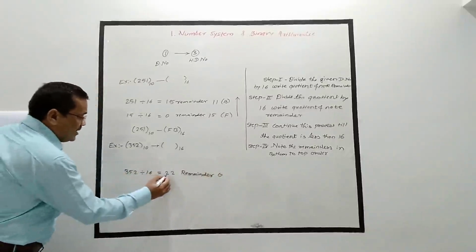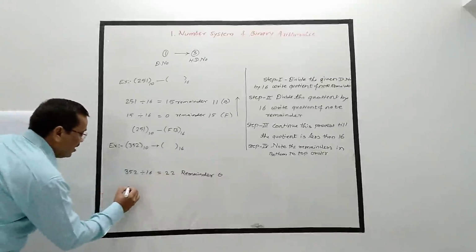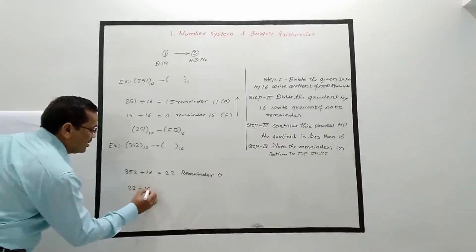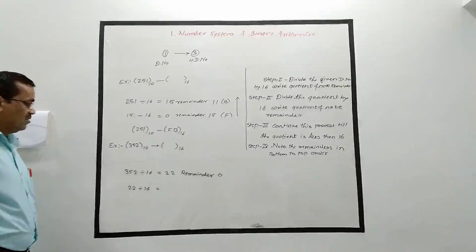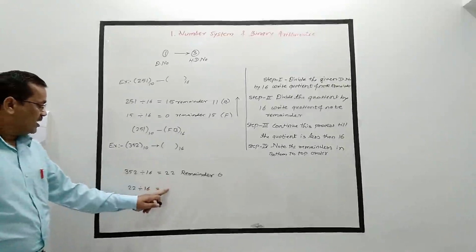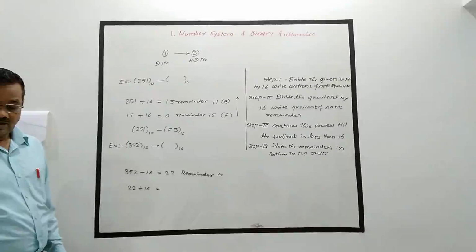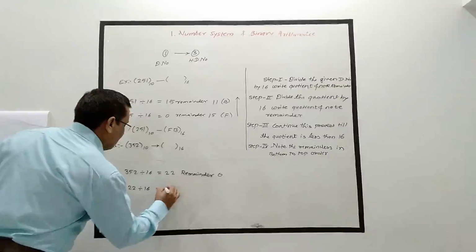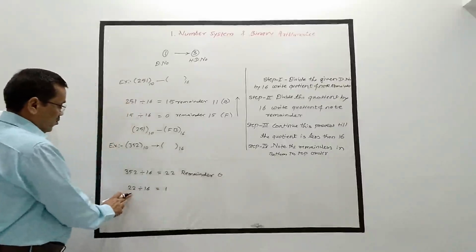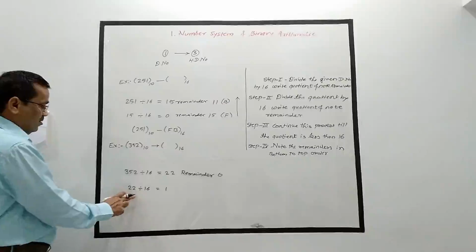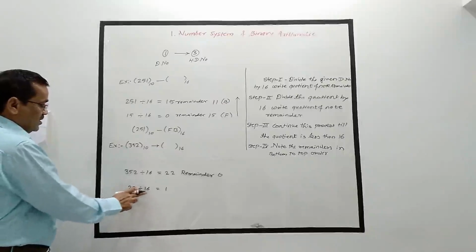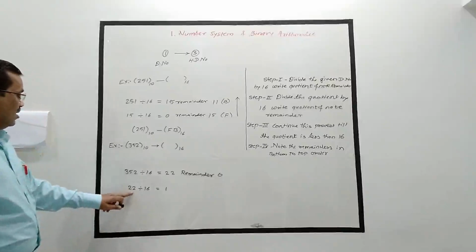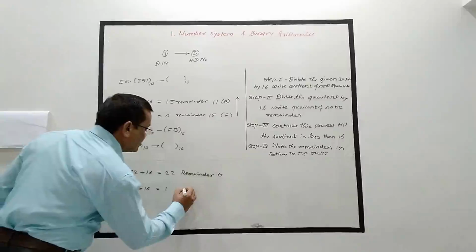Again, take this quotient 22 divided by 16. So what is the quotient and remainder? 16 ones are 16, 22 minus 16, and remainder is 6.